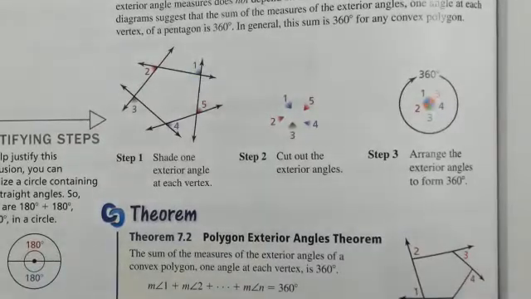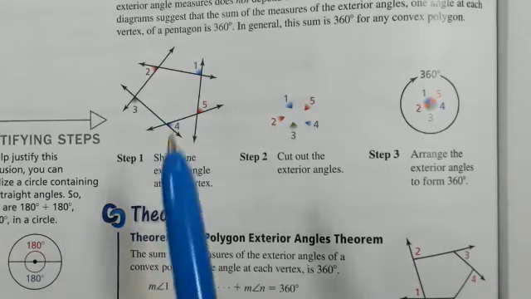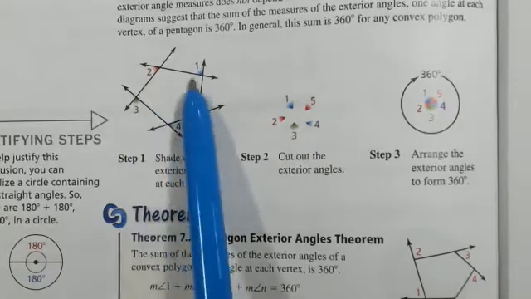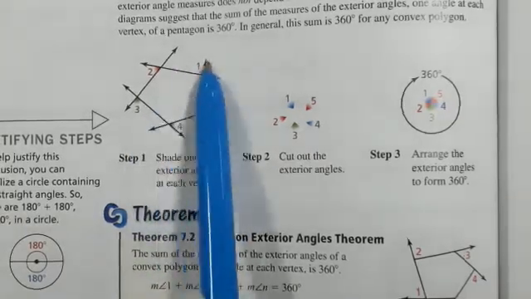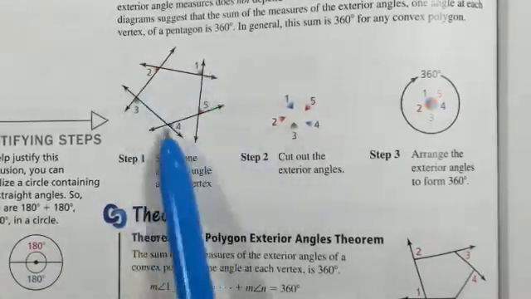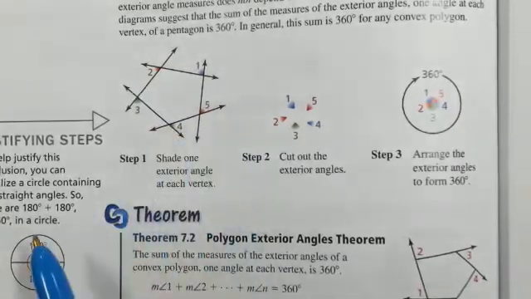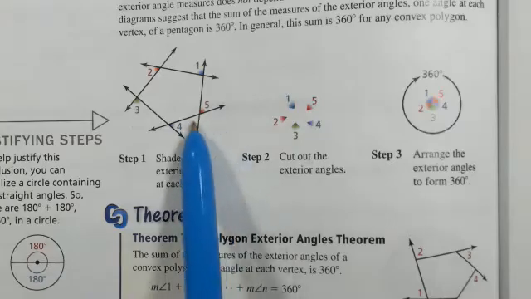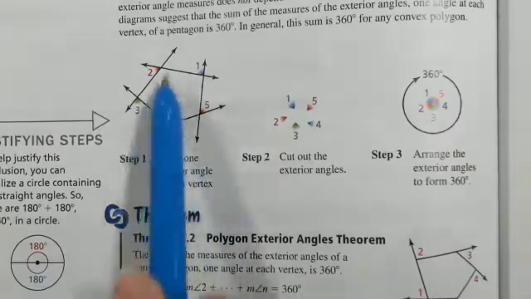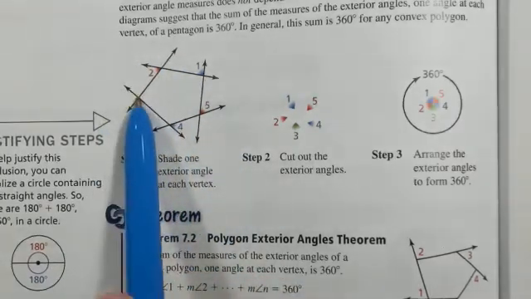Let's talk about exterior angles versus interior angles. So if this is our polygon here, and we were to extend in each direction each of our sides that makes up our polygon, we would have a lot of different exterior angles per vertex, right?